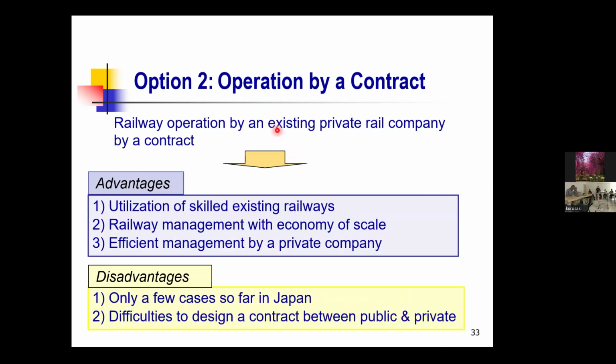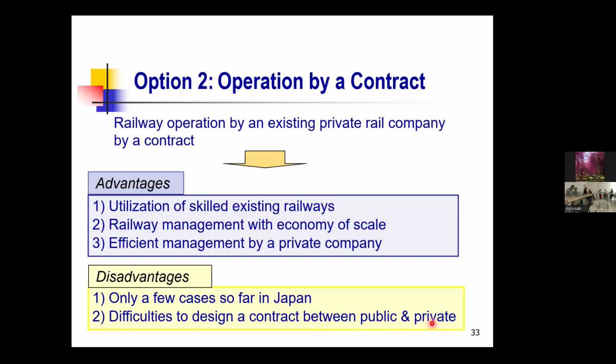On the other hand, in Europe, unprofitable railways are operated by a contract. Certainly, only a few cases of this type exist in Japan so far, and it looks difficult to design a contract between the public sector and private companies.